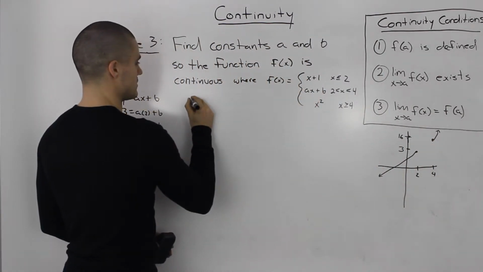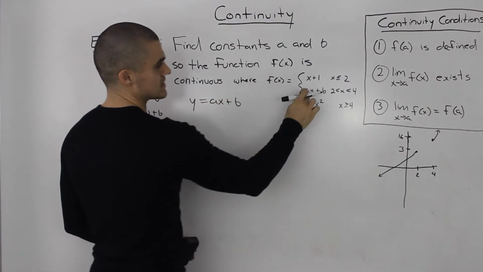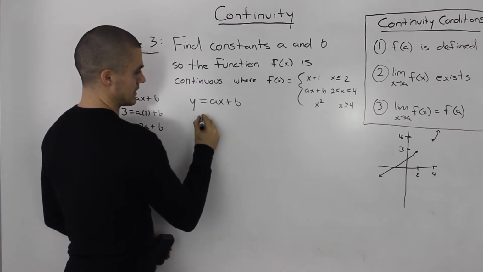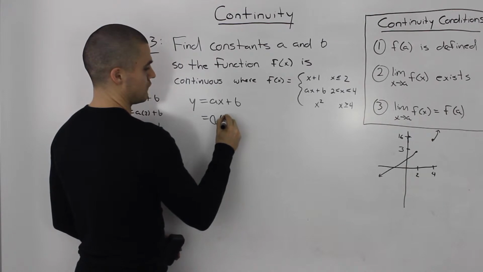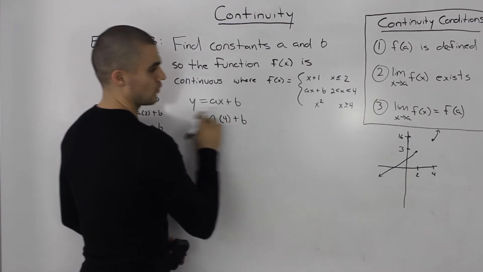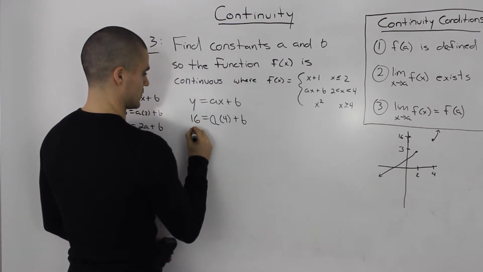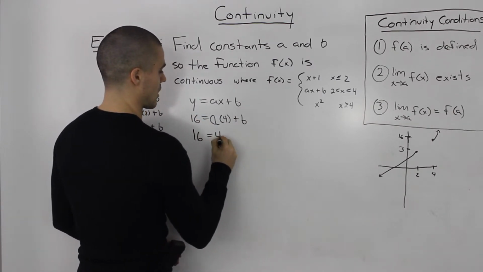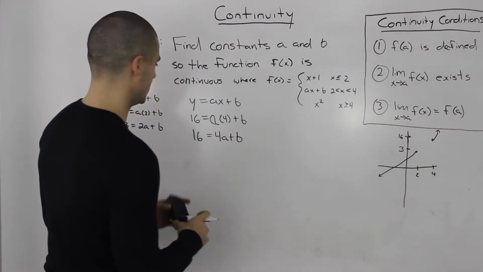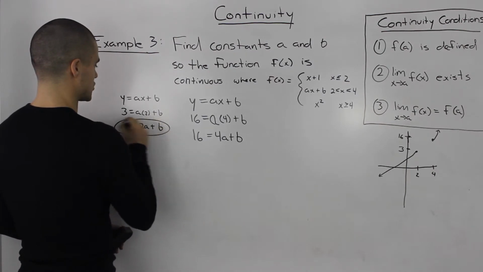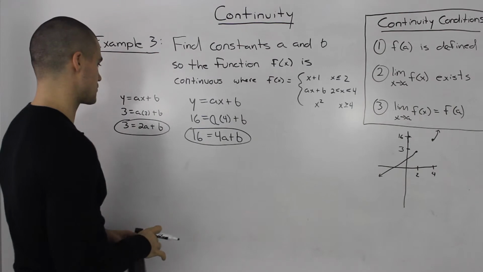So if we rewrite the second piece like this, y equals ax plus b, at an x value of 4, the y value has to be 16. So we'll have 16 is equal to 4a plus b. Does that make sense?